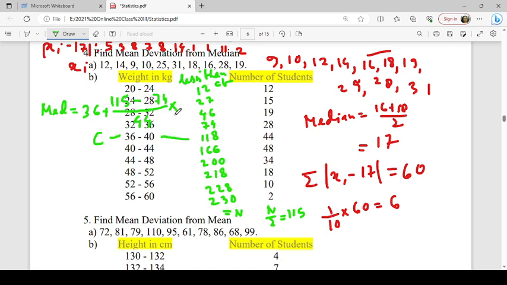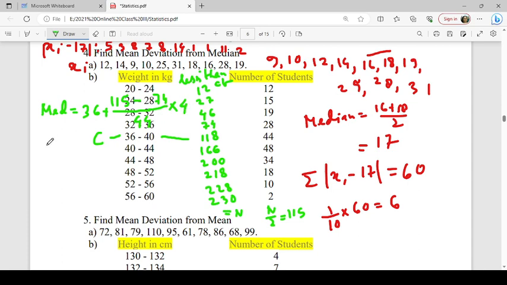and length of class is 40 to 44. 44 is counted here, so we omit one value, so 40, 41, 42, 43, so 4. This is length of class is 4.